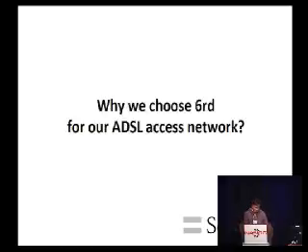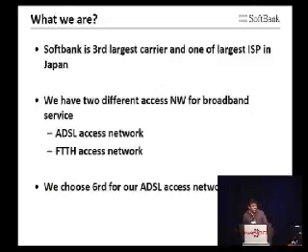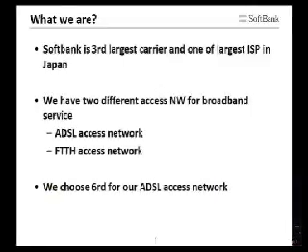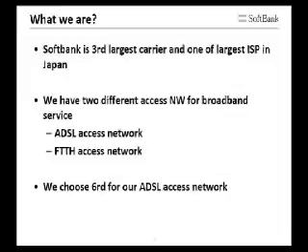So I'm standing here. Anyway, SoftBank is the third largest carrier and the largest ISP in Japan, and we currently have two different access networks for broadband service. The first one is the ADSL-based access network, which was made almost 9 years ago, so it is quite old infrastructure.